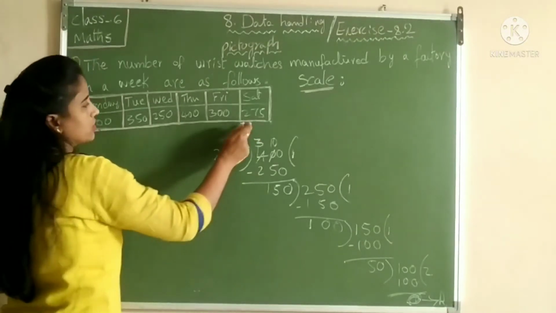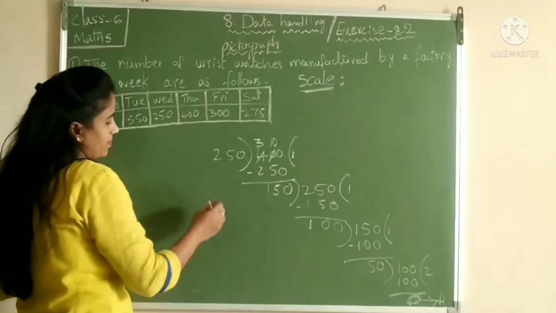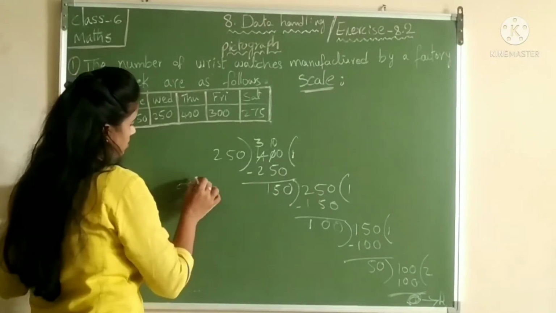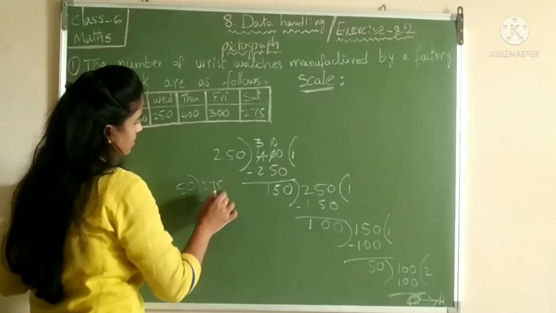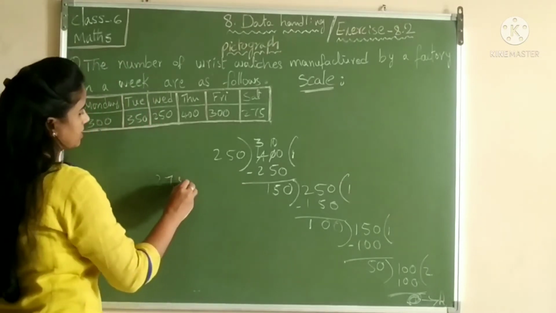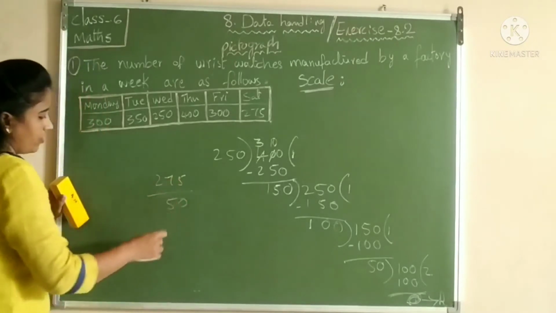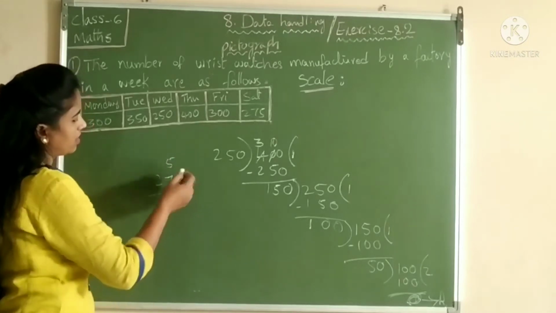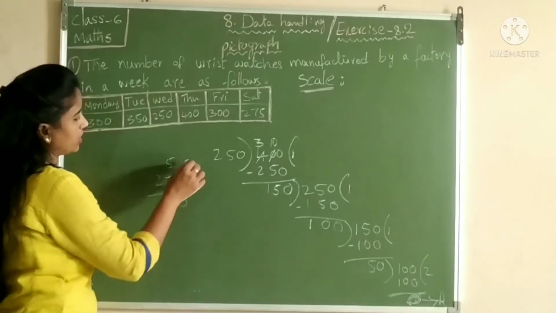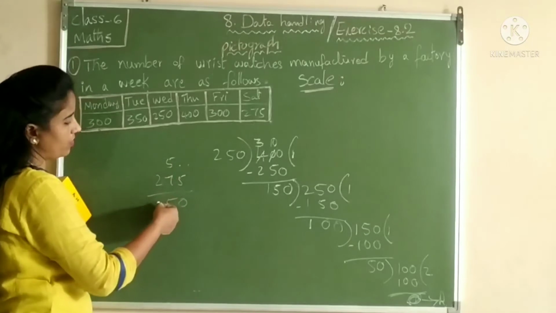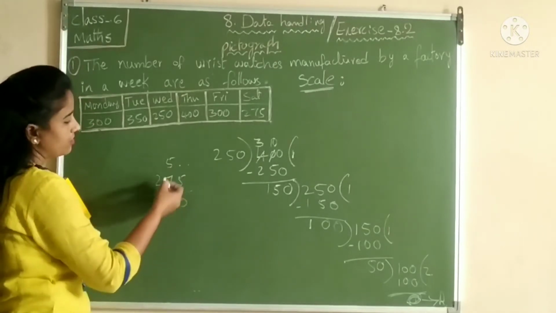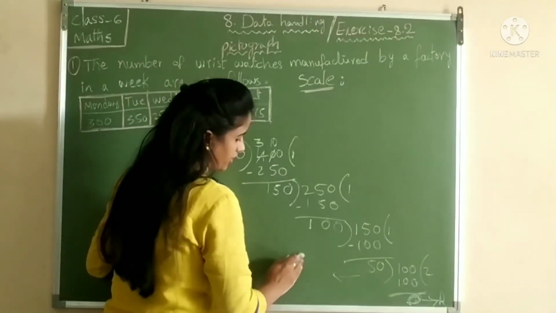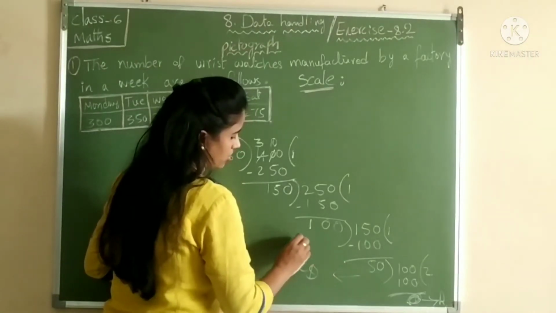So check whether 275 is divisible by 50 or not. 50 fives are 250, and 25 is remaining. So it is not dividing. It is not an exact divisor of 275. So 50 is not the GCD.